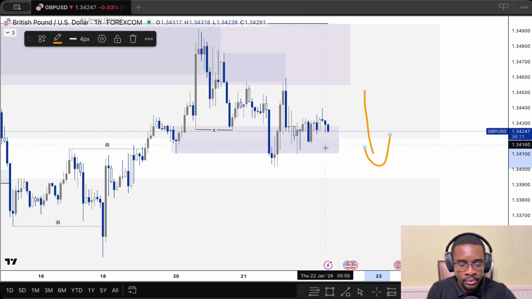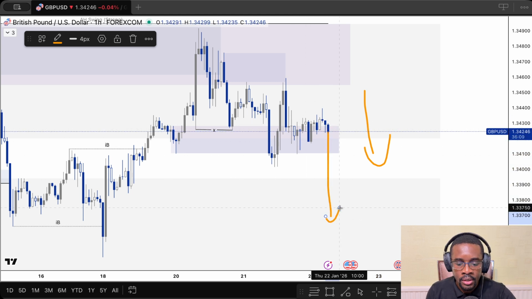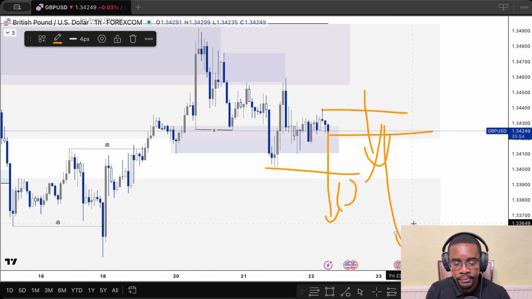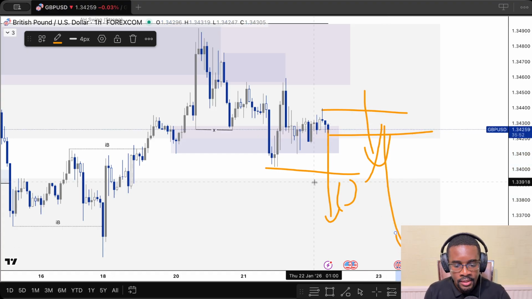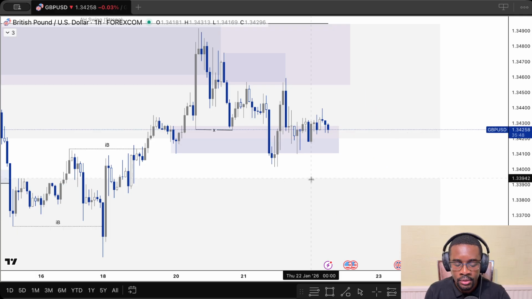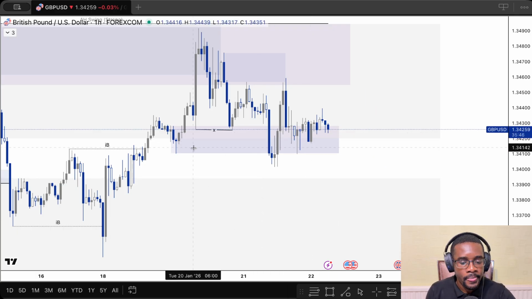So maybe until either we create a strong supply from here, or after breaking these lows, then we have stay away candles, and then we come back to mitigate the zone, and then we continue to look for shorts. But as it stands, bias is bearish, but we don't have any structure from which to look for shorts.